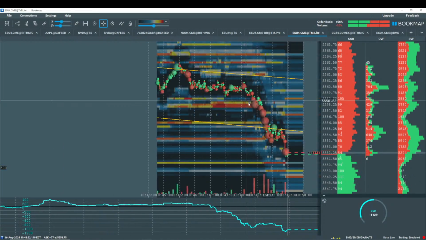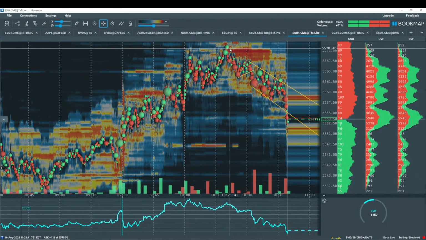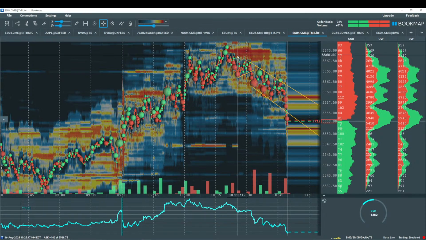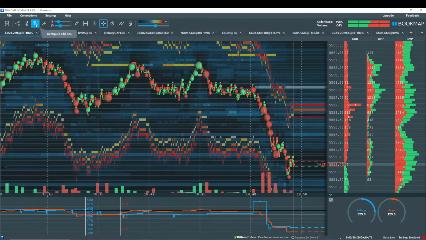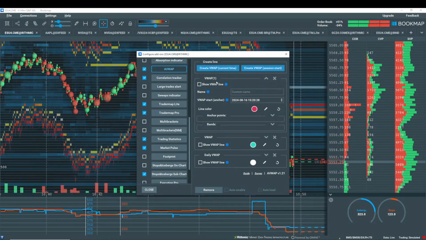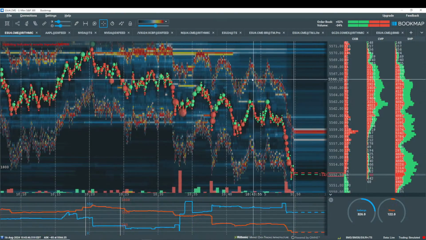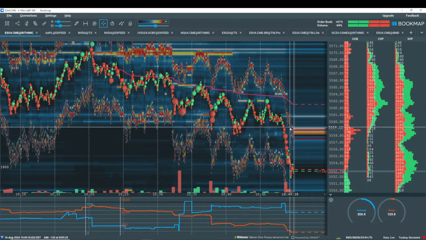Right now, let's take a look at this. We talked about this in the beginning of the webinar here as the anchored VWAP as well up here. I think I got the anchored VWAP on this version here though. Hold on. Yeah. Okay. There it is.